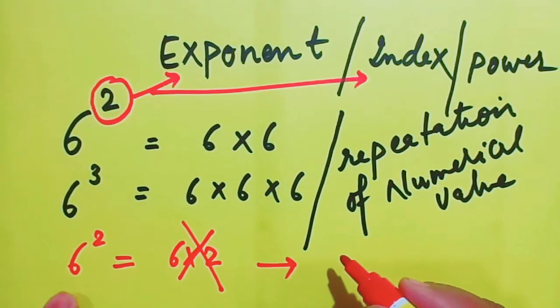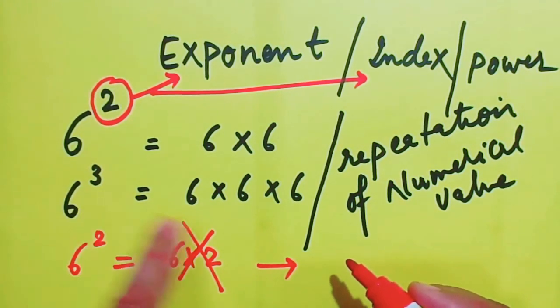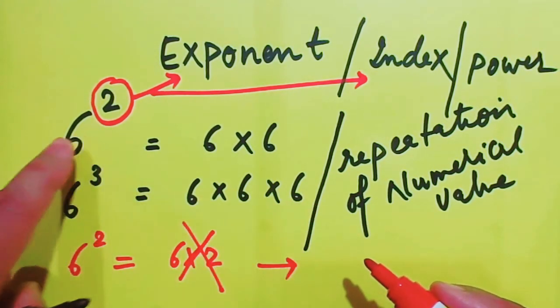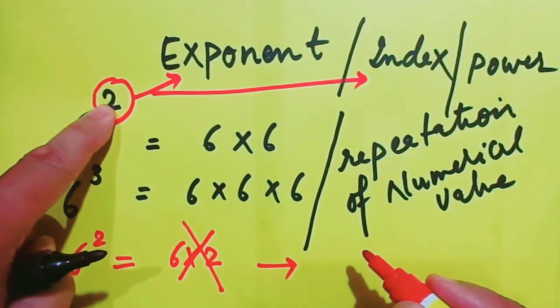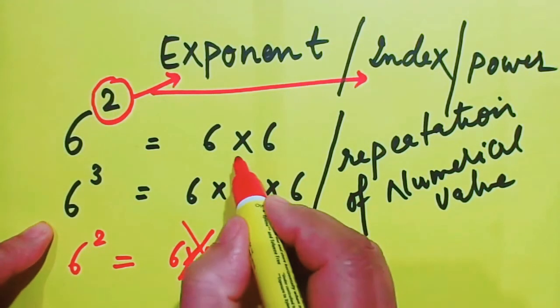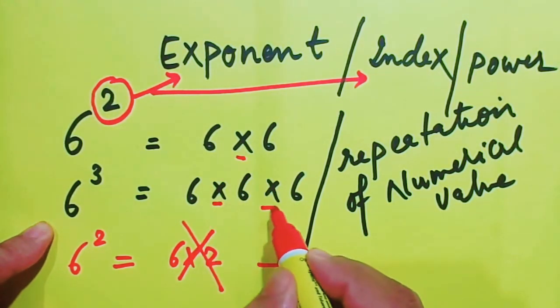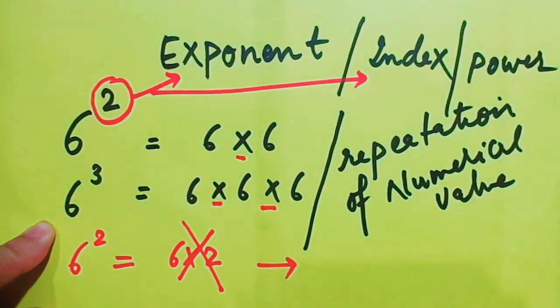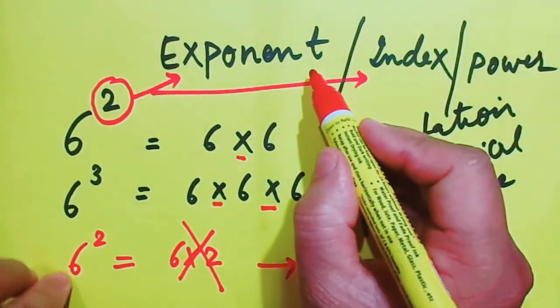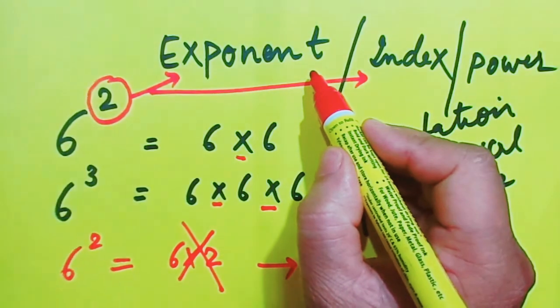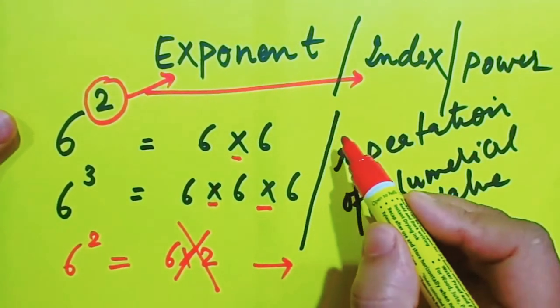This means here 6 has been repeated 3 times, here 6 has been repeated 2 times, in multiplication format. This is what exponent is, and we shall be dealing exclusively with this.